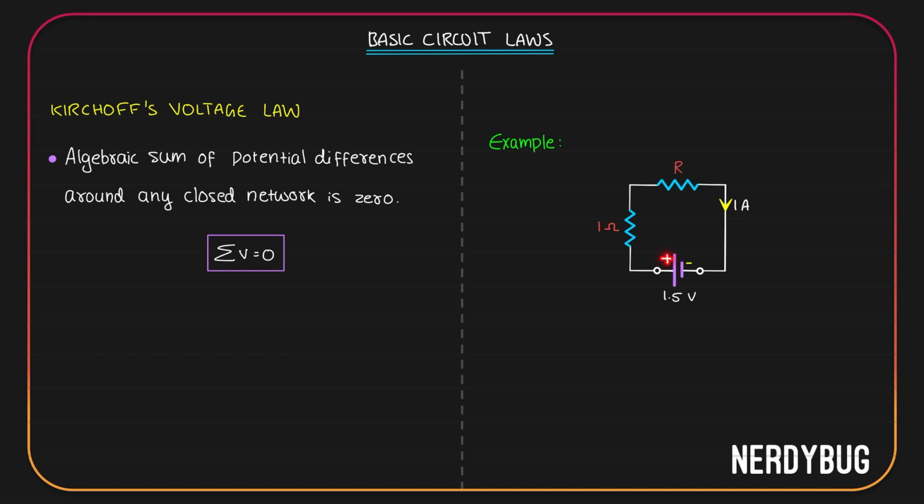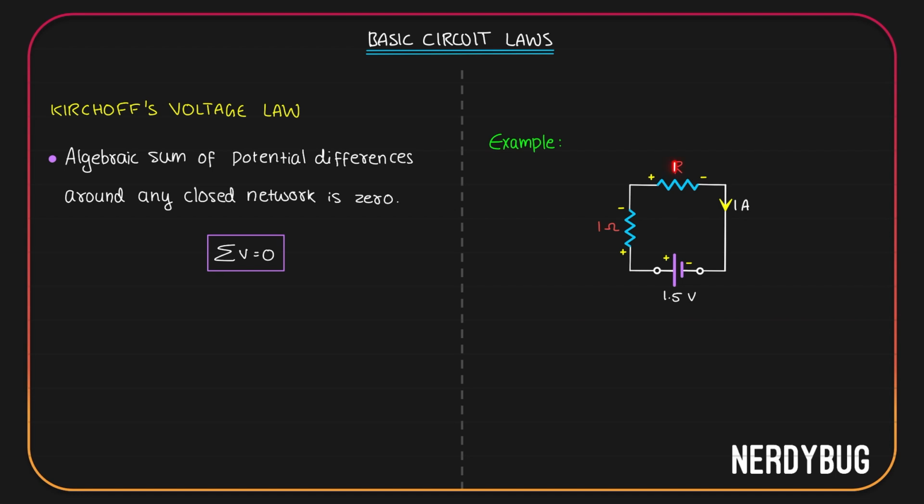Positive terminal of the cell is connected to this end of the resistor, so it will have positive polarity here and negative here. For the other resistor, this end is connected to the negative terminal of the cell, so it will have negative polarity here, positive polarity here. Another way in which you can check the polarity of the resistor is by looking at the direction of current through it.